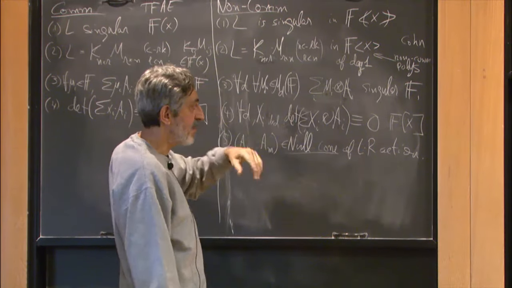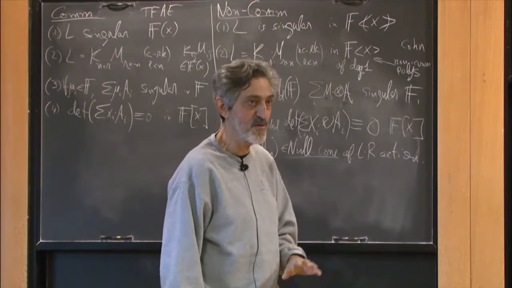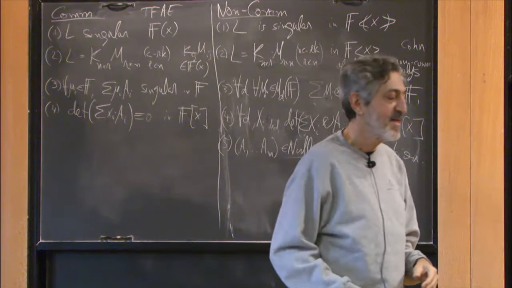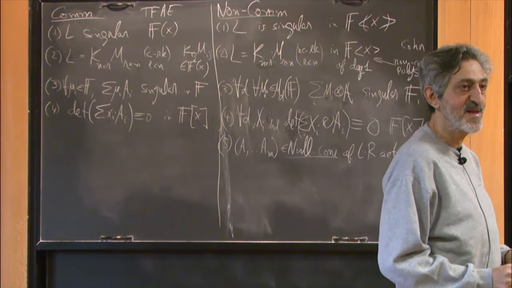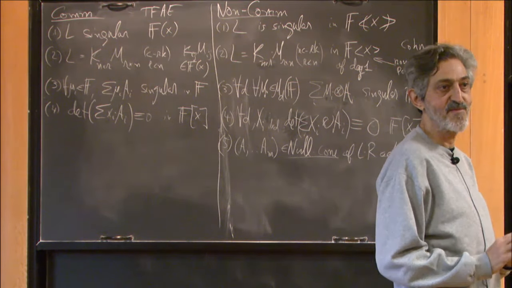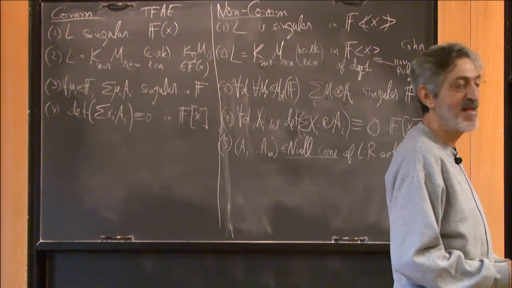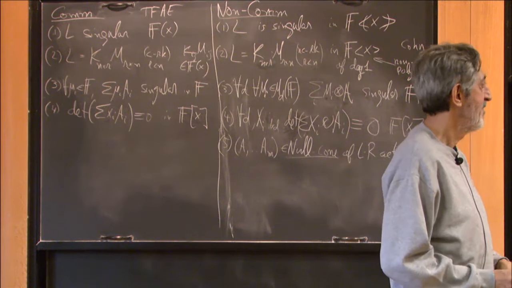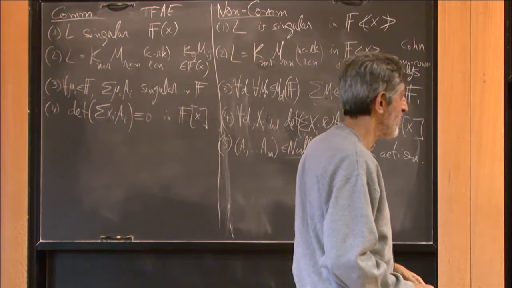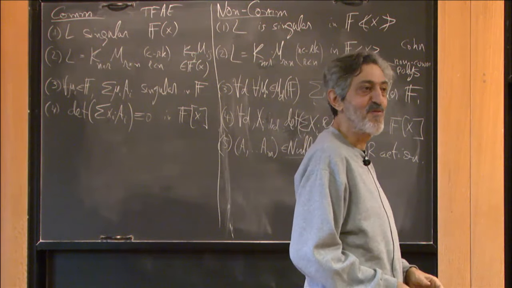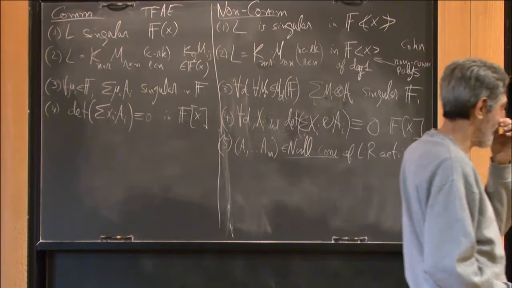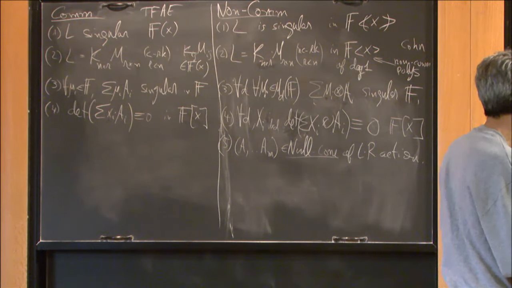Which is more complex and which is more simple is a good question. It depends what you want, and sometimes non-commutativity is simpler. It's certainly easier to prove lower bounds for non-commutative circuits than for commutative circuits.